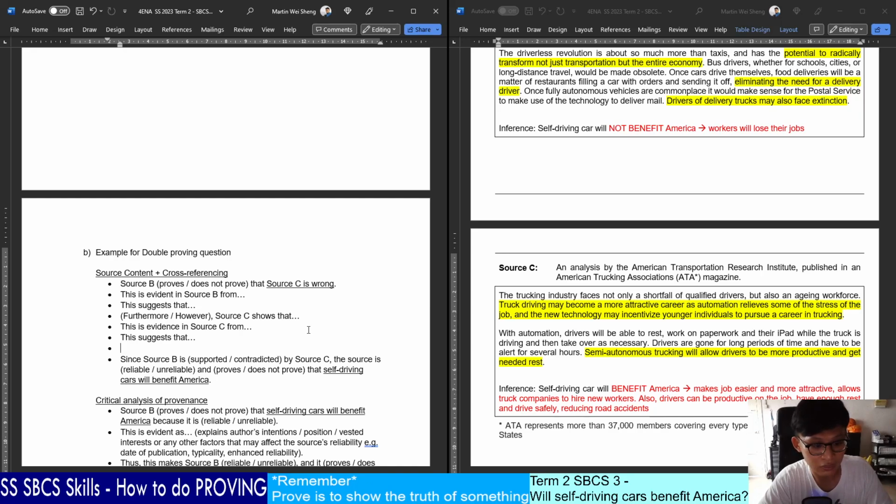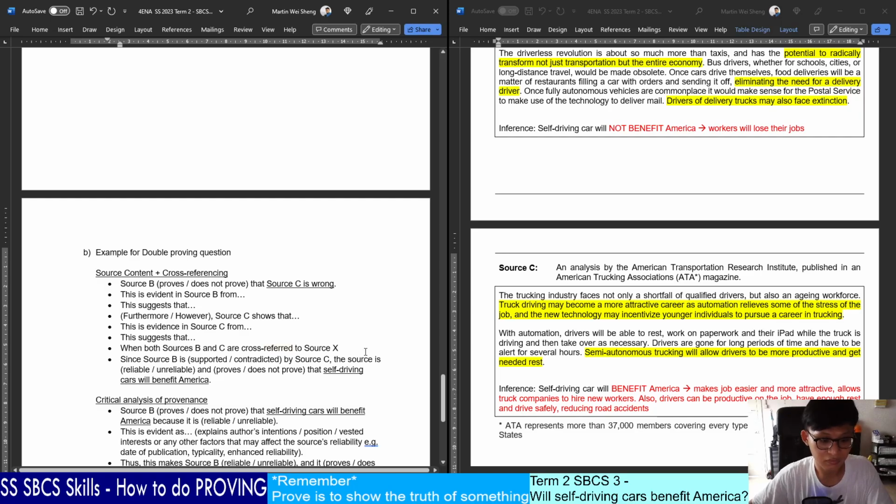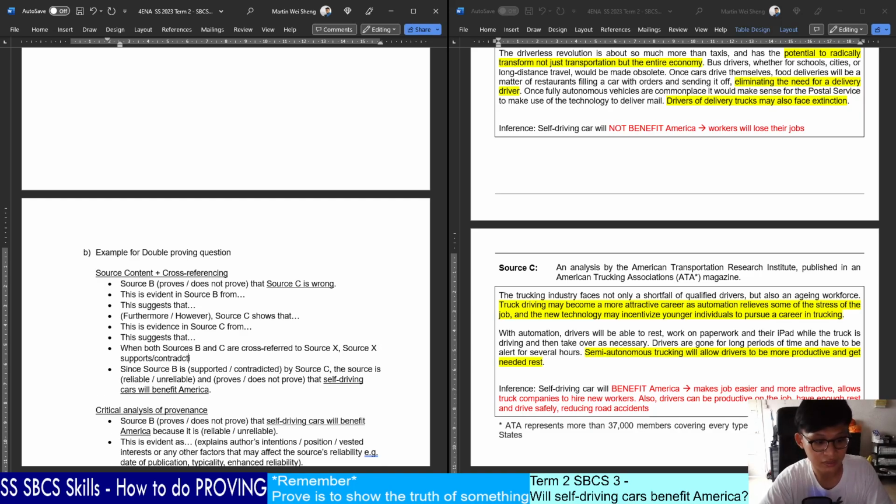So over here I would say, when both sources B and C are cross-referred to source X, comma, source X supports or contradicts source B and supports or contradicts source C.